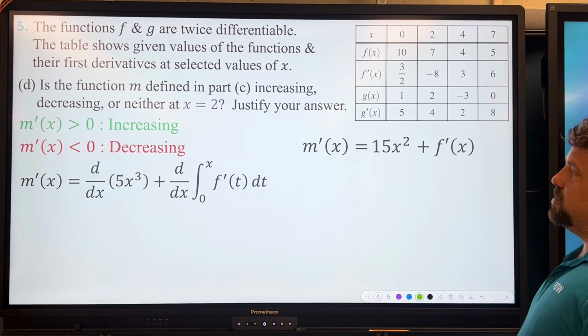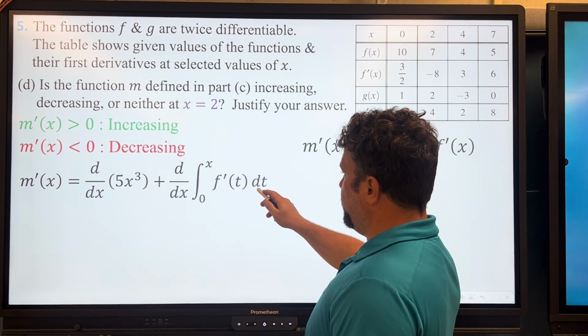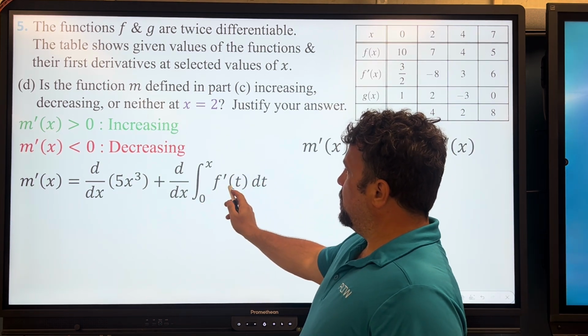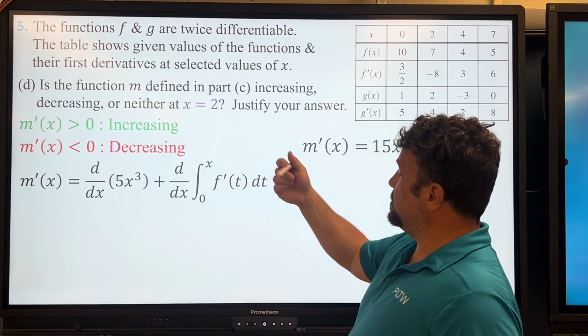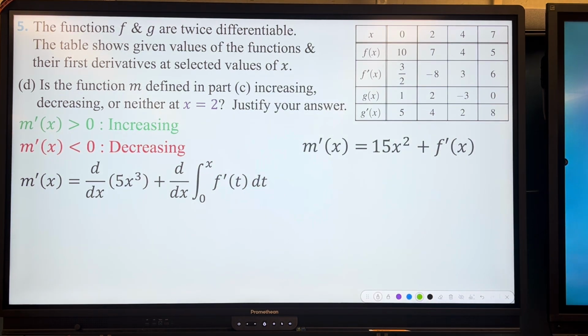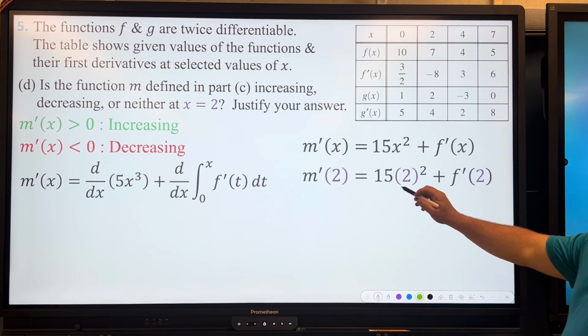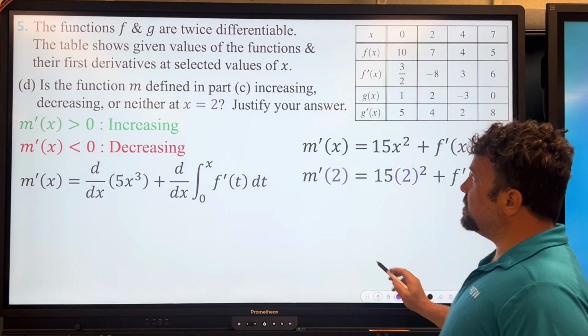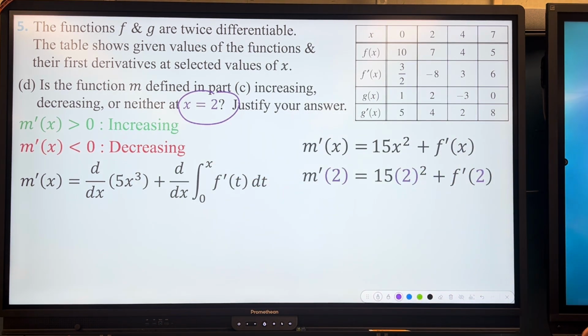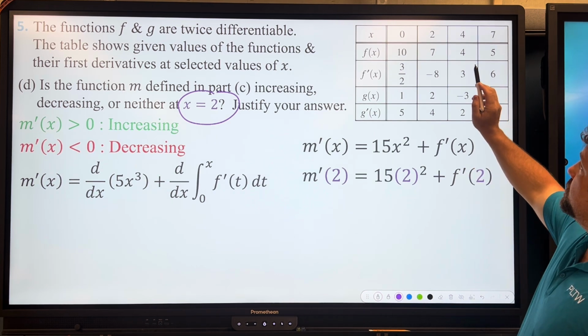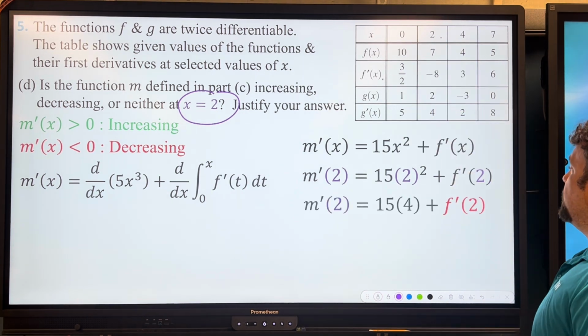So the derivative of the integral from 0 to x of f prime of t dt is f prime x minus 0, which is f prime x. M prime of 2 equals 15 times, how do we know x is 2? Well, it tells us once again. 15 times 2 squared, 15 times 4 is 60. F prime of 2 is negative 8.